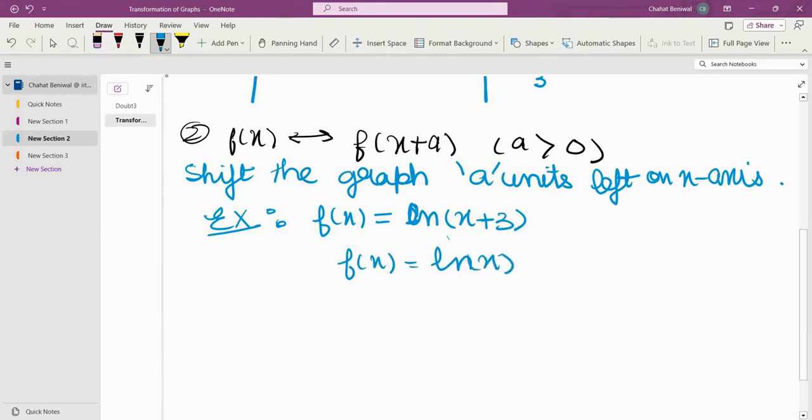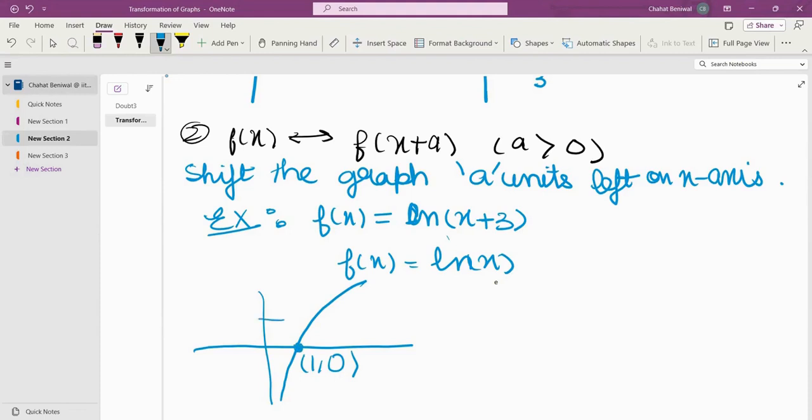And we know the graph of ln x. This is the graph. Now we can see it is cutting here at (1, 0), where x is 1. So we are going to shift it towards left, that is towards this side. So we have to shift 3 units.